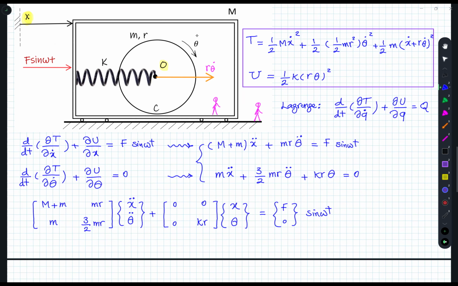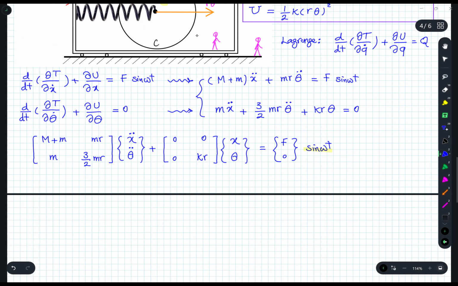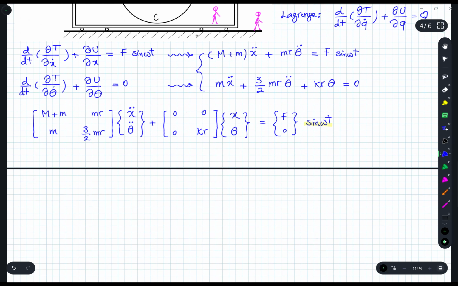Now, since I have a harmonic load sine omega t here, to find the answer, we assume the response of x(t) is a constant, I'll show it with uppercase X, times sine omega t, and we assume that the response of theta will be, again, a constant times sine omega t.